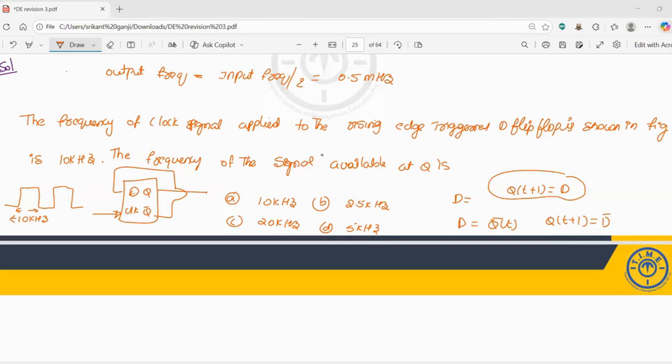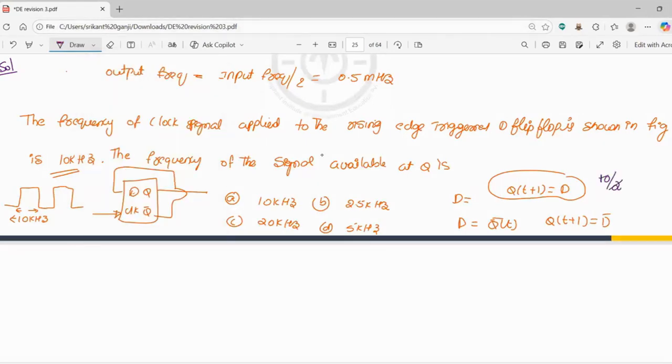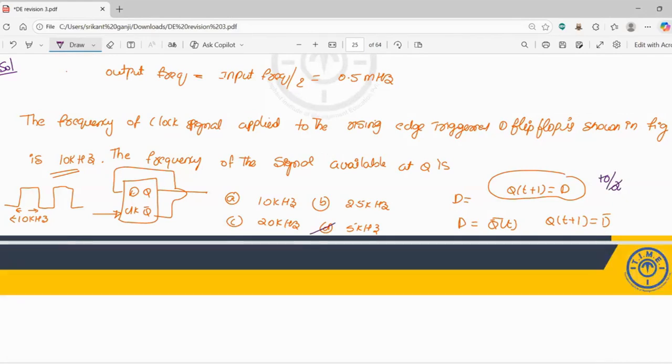So it is only half: 10 by 2, that is 5 kilohertz. The frequency is half.